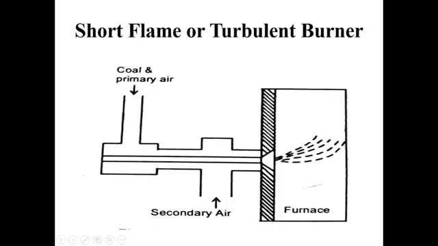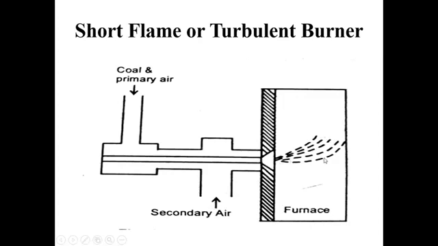The short flame burner is like this: the pulverized coal and primary air are supplied from here, and that is taken and supplied to this form, and you can clearly observe this. Here the coal and primary air come through this tube, and then there will be secondary air from both the sides.